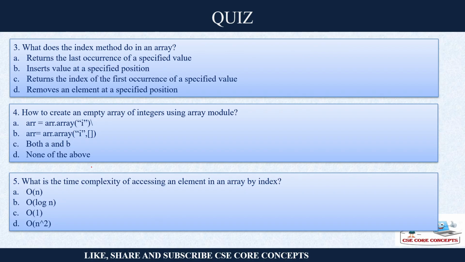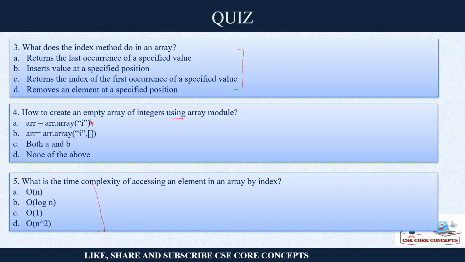What does the index method do in an array? You have to find out from these 4 options. What is the utility of the index method? How to create an empty array of integers using the array module? Find out the correct syntax. Then you have, let's say, what is the time complexity? Time complexity you have studied.